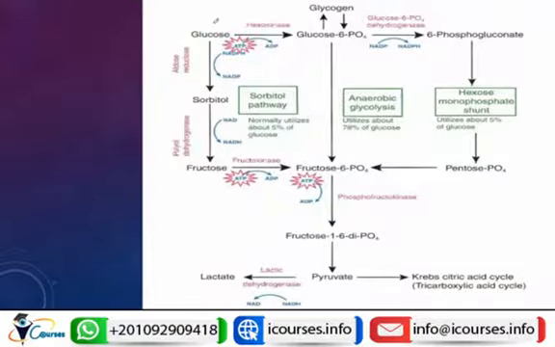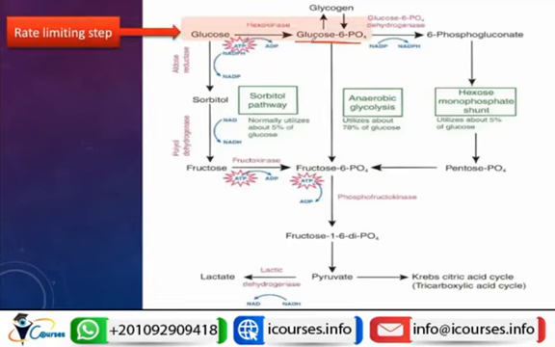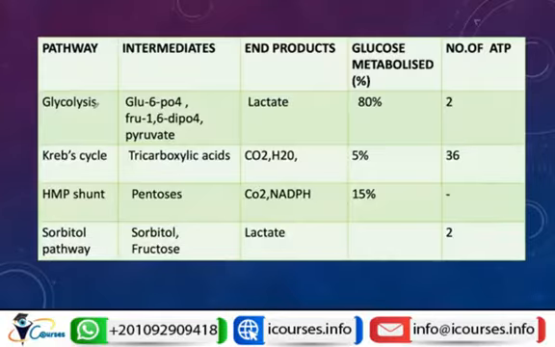So here is the glucose, and it will be transformed into glucose 6-phosphate. This is called the rate limiting step, so this is asked in the MCQ. The glucose is transformed into glucose 6-phosphate catalyzed by the hexokinase enzyme. This is called the rate limiting enzyme.